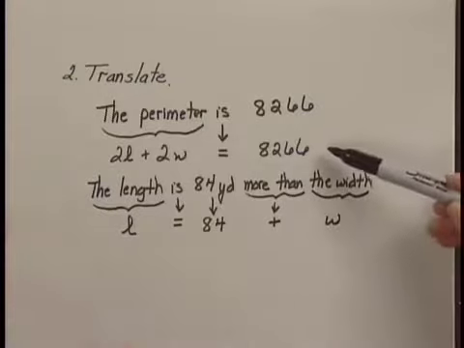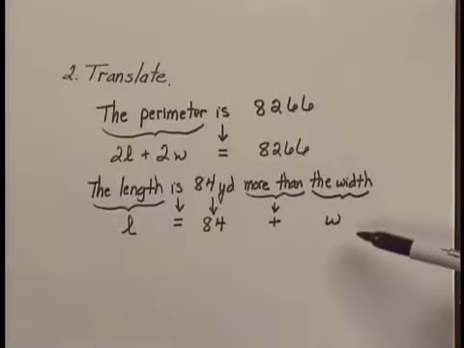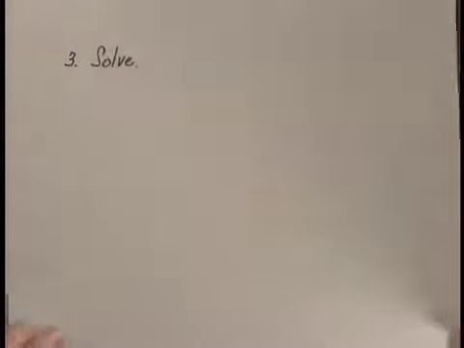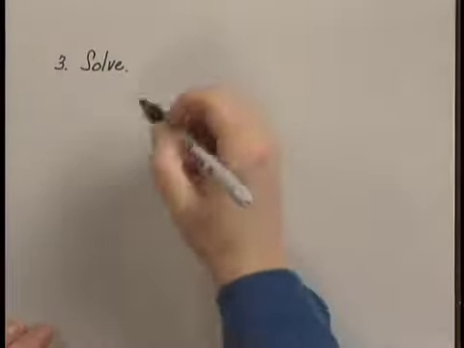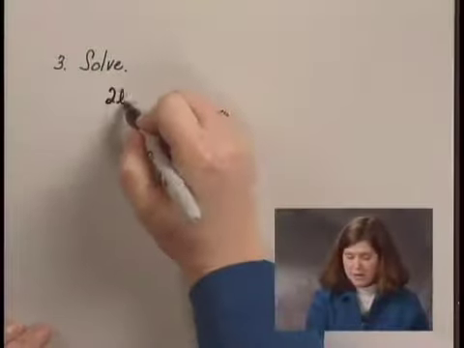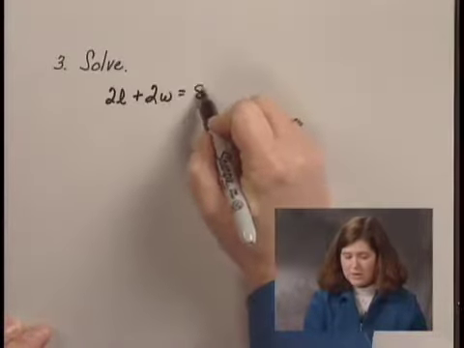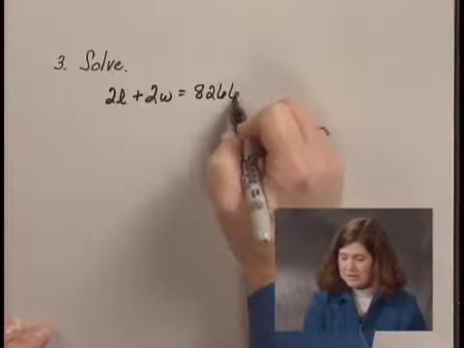Now we have two equations with two unknown variables, and we can solve those equations as a system of equations now and find our solution. So we are solving the system of equations. 2L plus 2W equals 8,266.